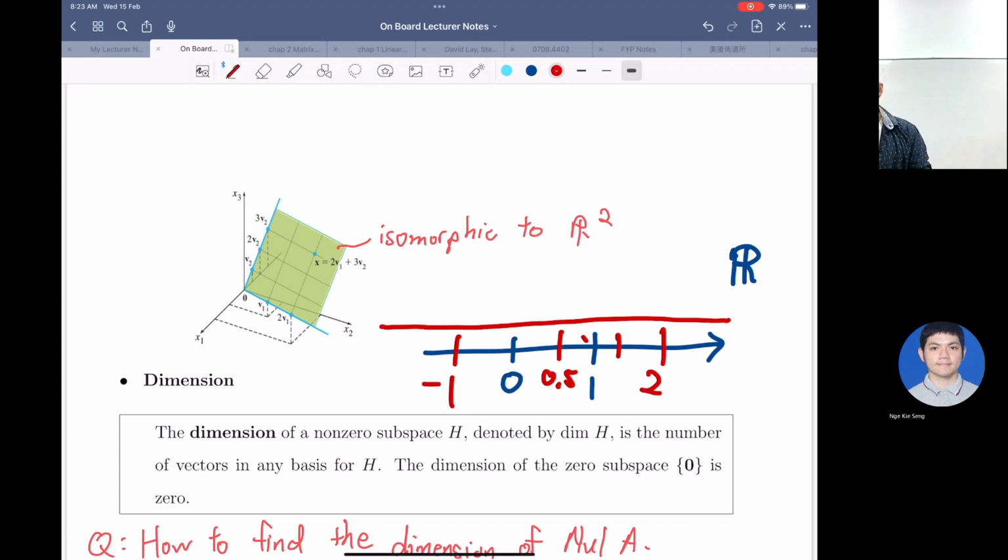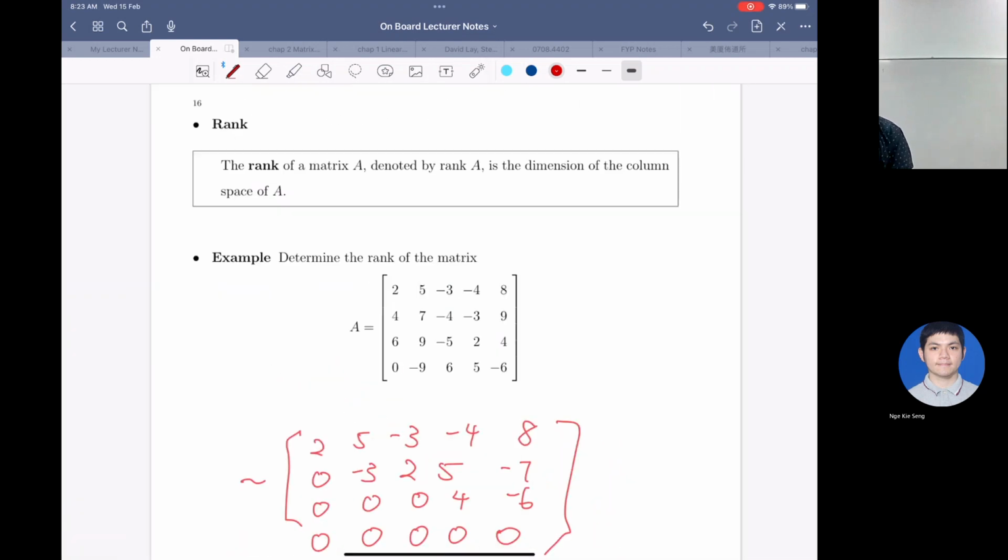So if there's one vector in your basis, then you will form a line. 2 vectors, you form a plane. 3 vectors, you form a box, an infinitely extended box, or R3. So this matches what we want to capture, the dimension of the space. Any question up to here? No? Okay. So far, so good.